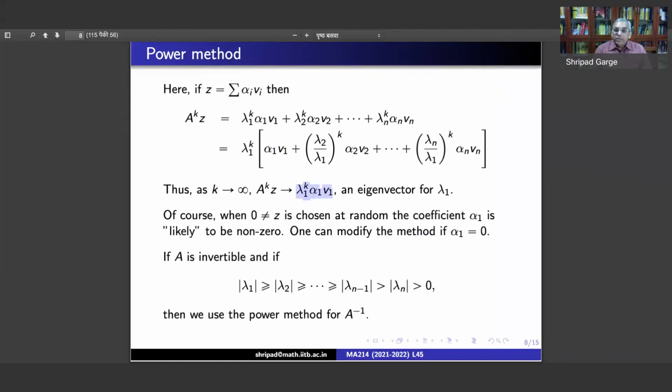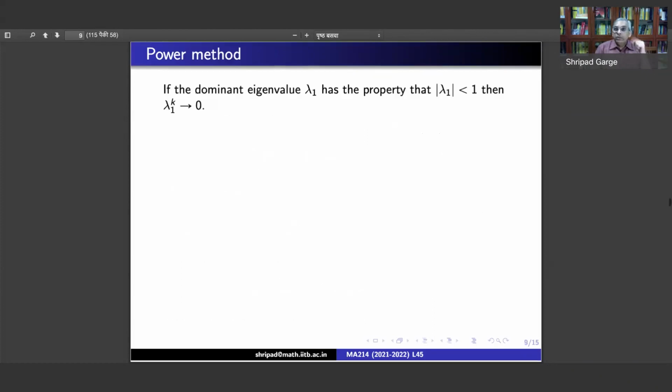But that may happen if the modulus of lambda 1 is less than 1. You may have small Gershgorin disks all contained in the interval 0 to 1. Your dominant eigenvalue will be dominant compared to all other eigenvalues, but still not big enough to be bigger than 1. In that case, lambda 1 to the power k will go to 0.